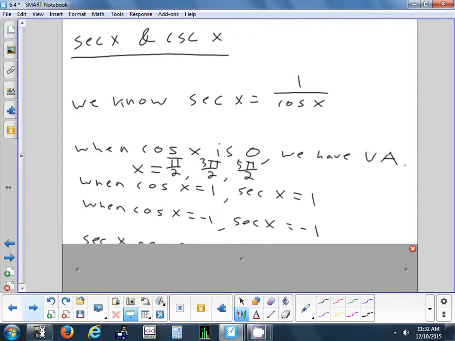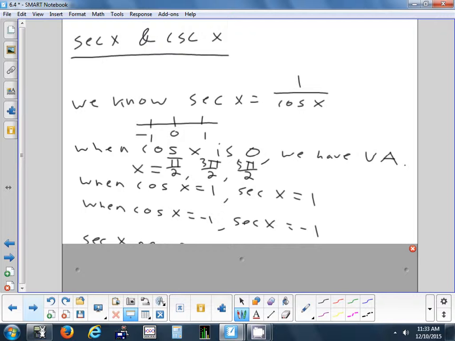Like on a number line, there's 0, 1, -1. Well, it can't be between 1 and -1. You're never going to get a value between 1 and -1. For you to get values between 1 and -1, you'd be getting fractions. To get fractions, you'd have to have cosine being a big number, like 2, 3, 4.